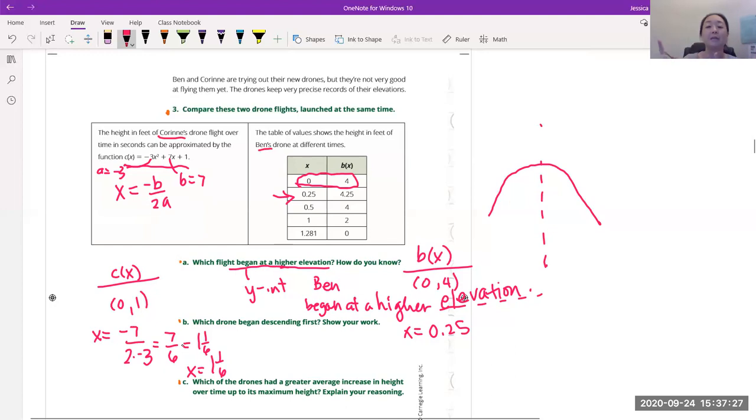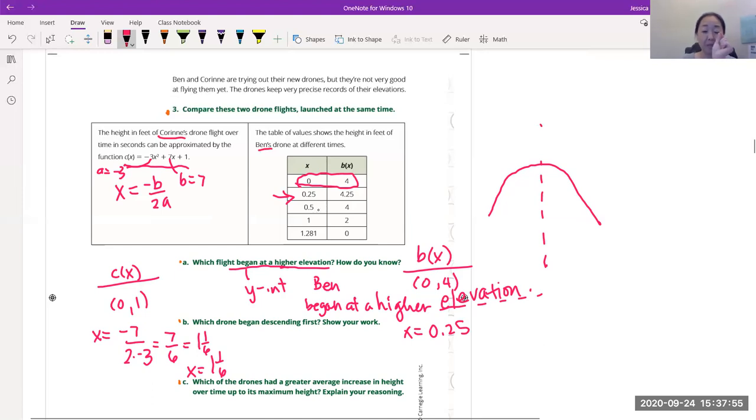All right, what about for Ben? You're going to have to look at the table because we can't do an AOS, since you don't have the standard form. So we're going to look at the patterns. We notice it goes from 4 to 4.25, then back to 4 again. So the 4.25 must be the vertex. Also on the x, we got 0 and 0.5.